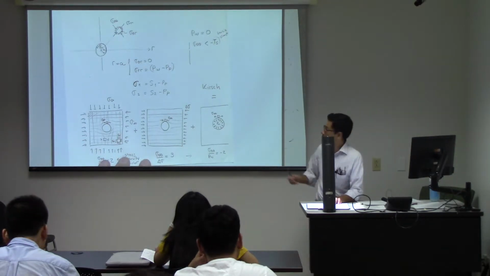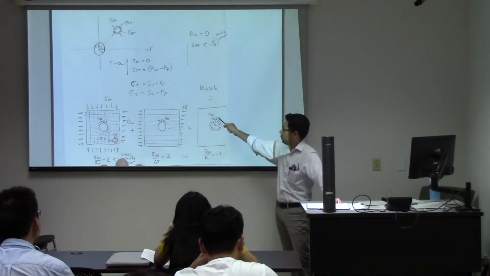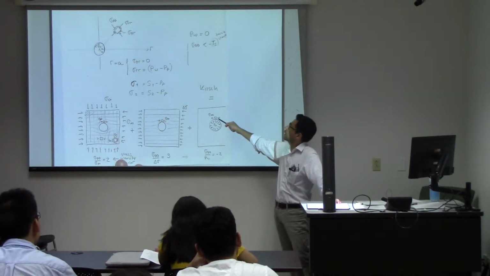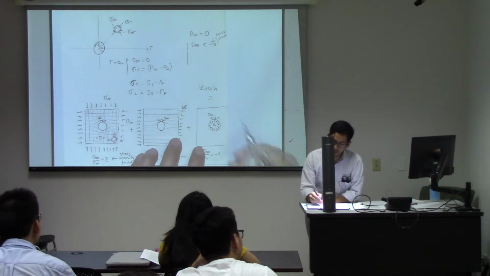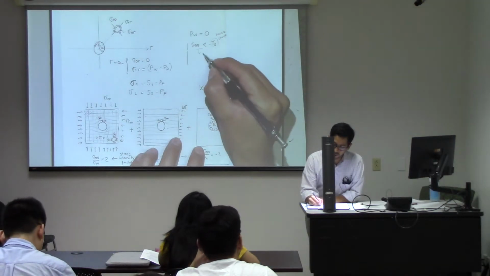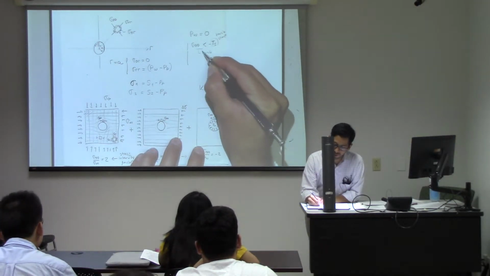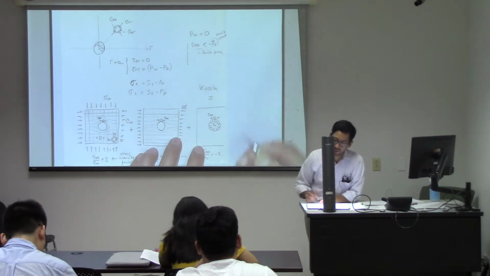So for example, here you could pressurize your wellbore so much that your hoop stress becomes negative and becomes even smaller than the tensile strength. If that happens, then you're going to have a tensile fracture, right?